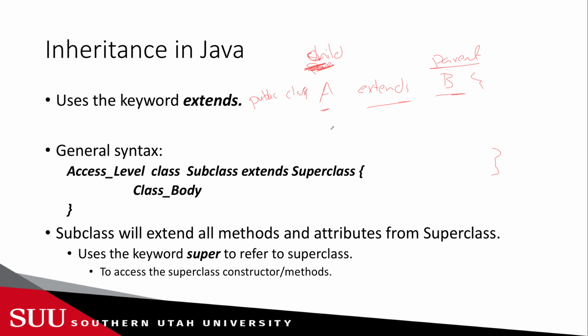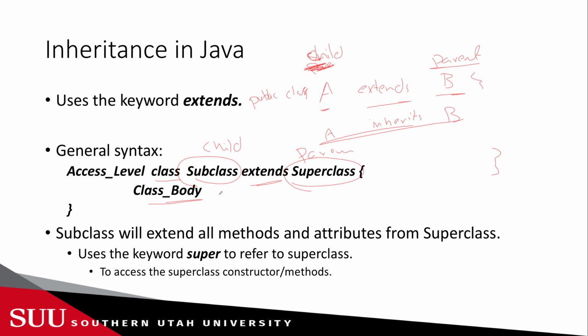In other words, I can read it like class A inherits class B, and this is the relation. So again, the general syntax is access level class, and then we have the subclass, which is the child, extends the superclass, which is the parent, and then we'll have the class body as usual.